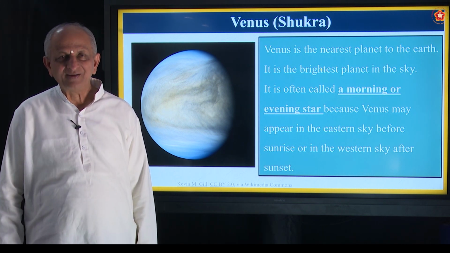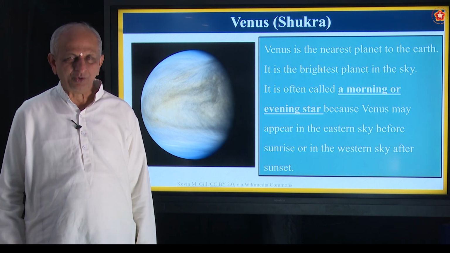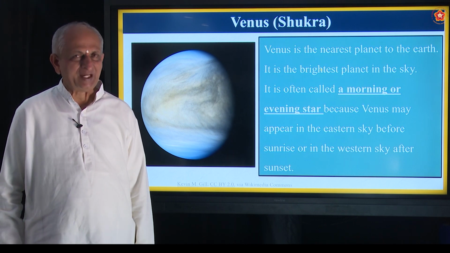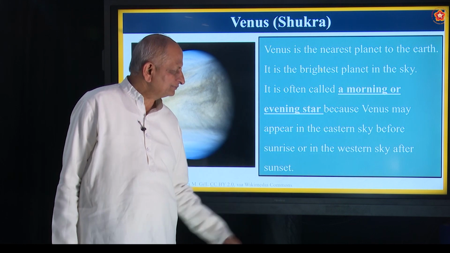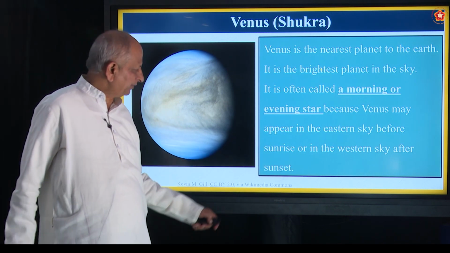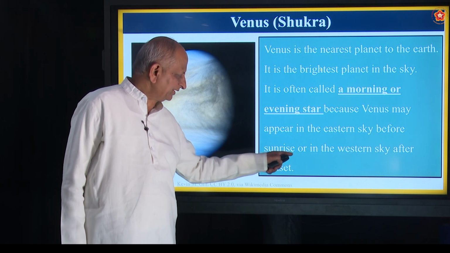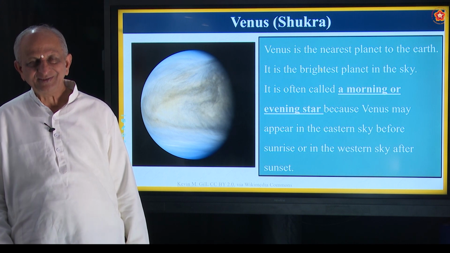How many of you have observed? Very bright planet. How to identify it? It won't twinkle, correct? In the early morning you can see it on the eastern side, then we call it the morning star. In the evening, after sunset, we can see it in the western sky. Then we call it the evening star.